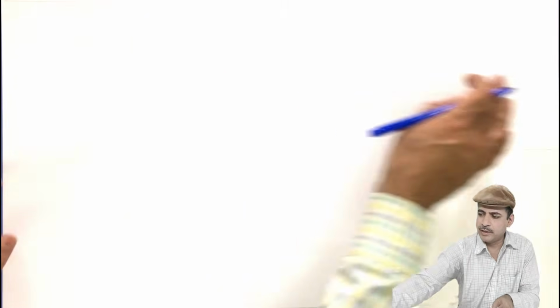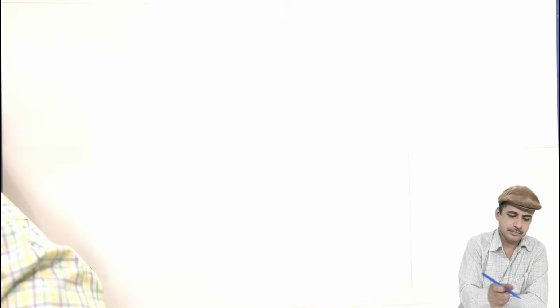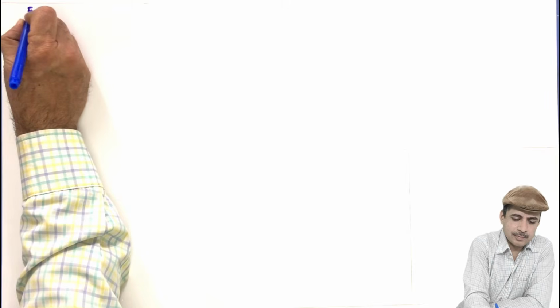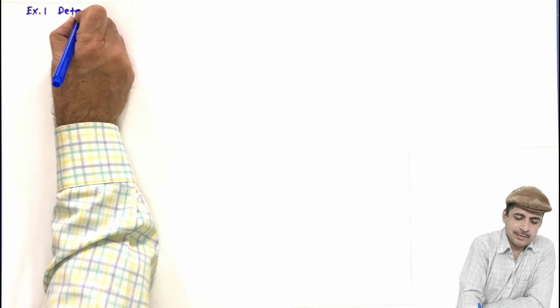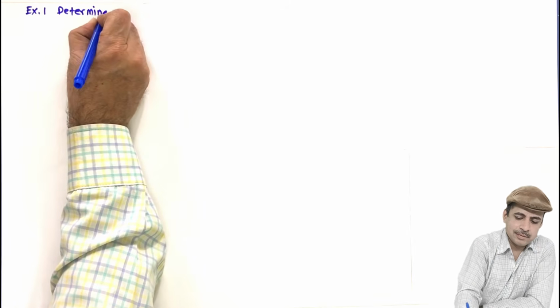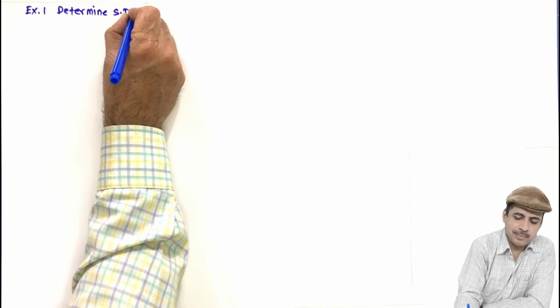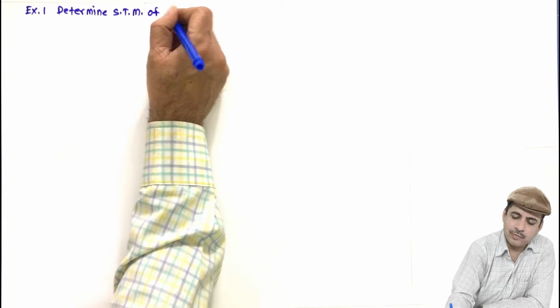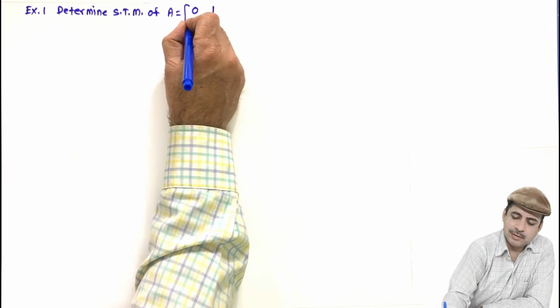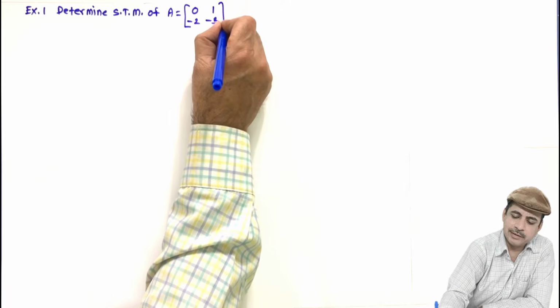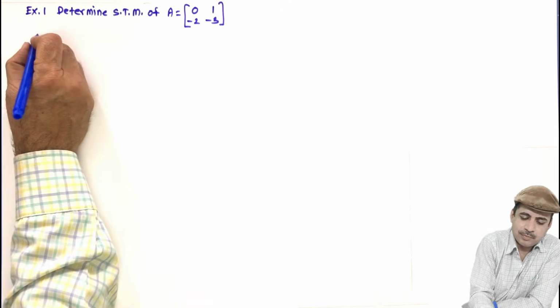So example number 1 is: determine the STM, state transition matrix of A, where the matrix is 0 1 minus 2 minus 3, by which approach?